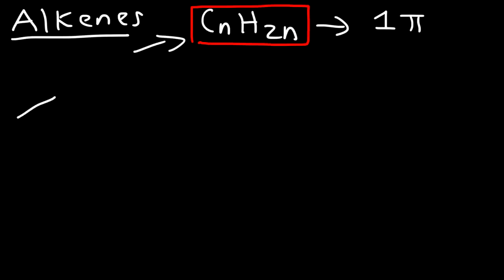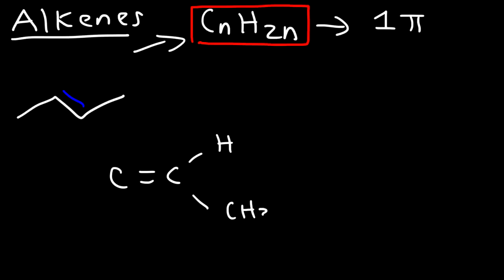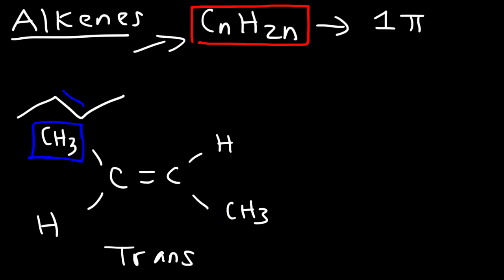So for instance, this is 2-butene. And if we were to draw out the structure, it would look like this. This is particularly trans 2-butene. If it was cis, the two methyl groups would be on the same side as opposed to opposite sides.